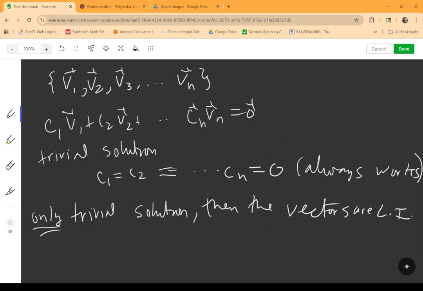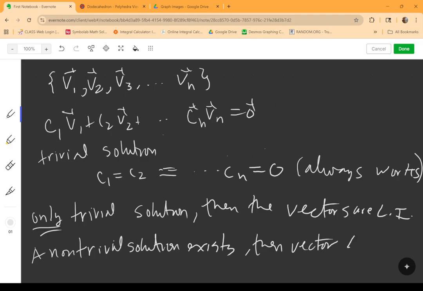If a non-trivial solution exists, then the vectors are linearly dependent.